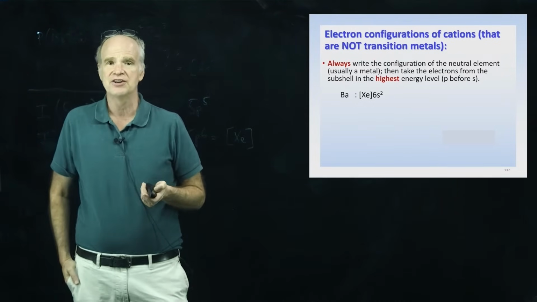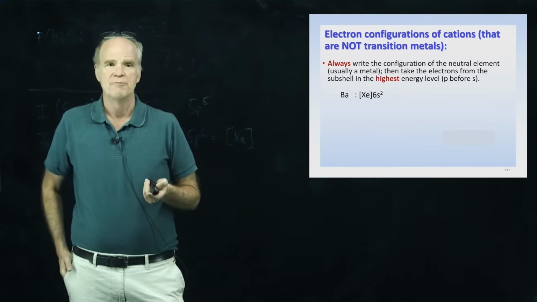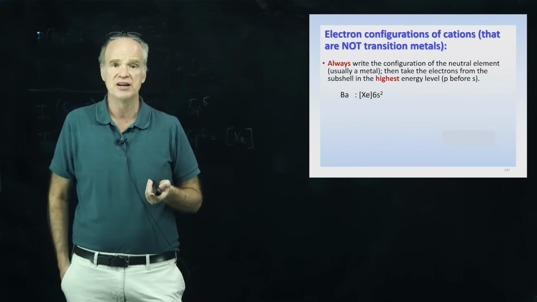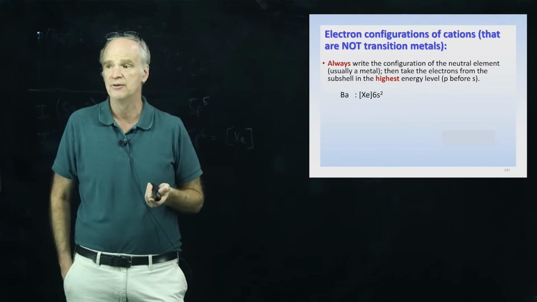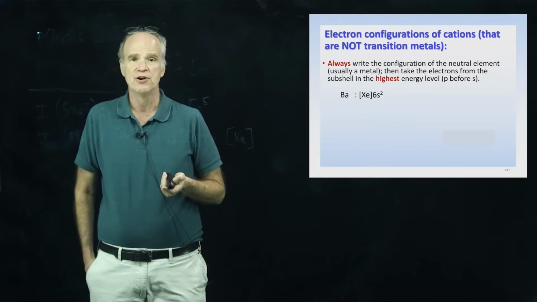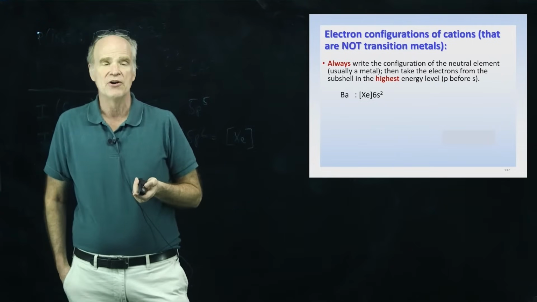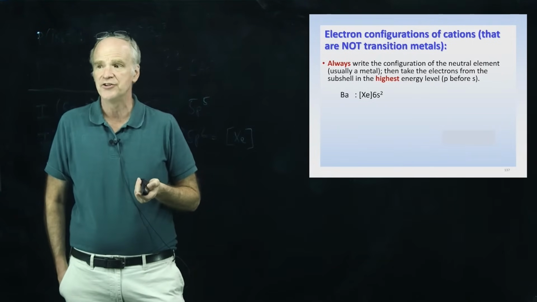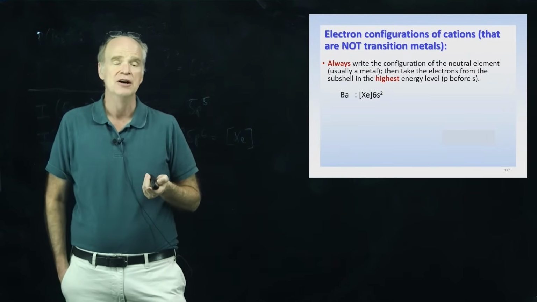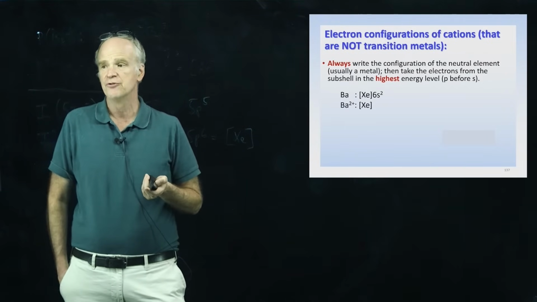So there I have an electron configuration for barium. It is an abbreviated configuration, so I show xenon's configuration there, which has 54 electrons. And then barium has 2 more electrons than that, so we write xenon's configuration and then we write 6s2. So what would be the configuration for barium 2+?